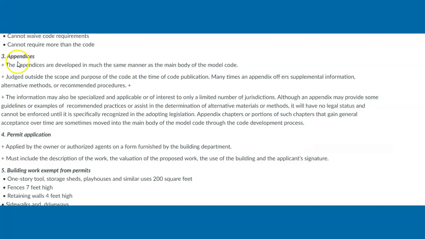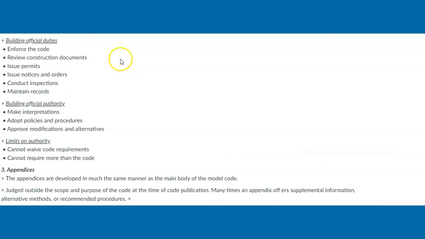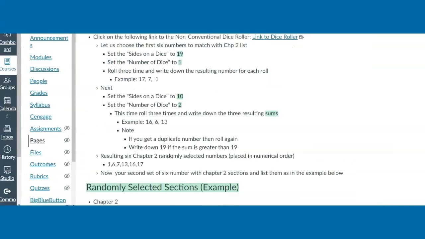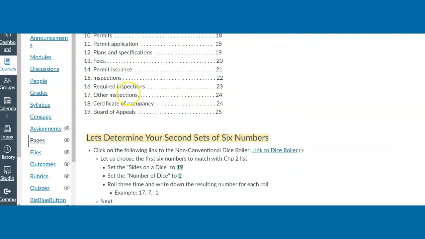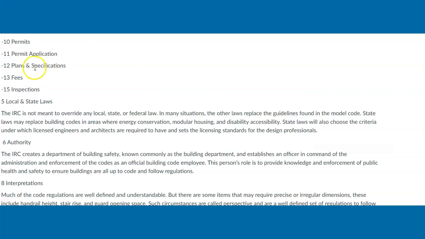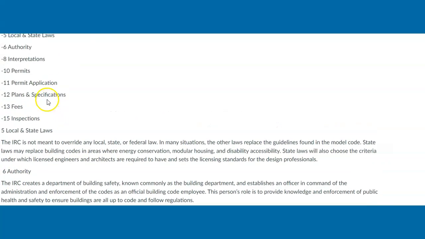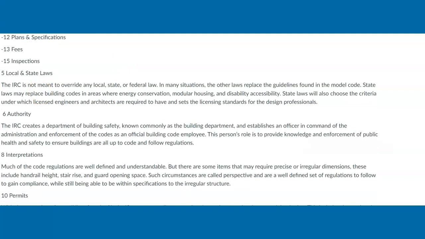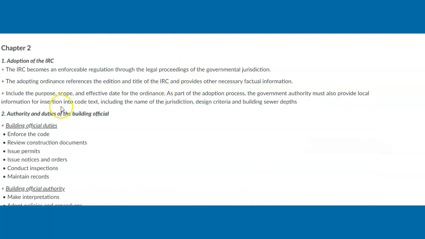We want the number, so let's see, number 3, appendices for chapter 2. So if I go look at chapter 2, chapter 2, number 2, authority and duty.